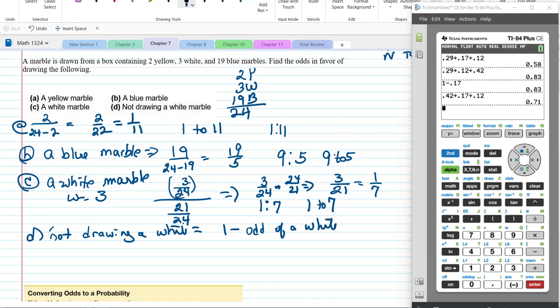So this is 1 minus, and remember the white was 1 to 7. That would give me 7 over 7 minus 1 over 7 equals 6 out of 7, 1 being 7 over 7. So, common denominator.